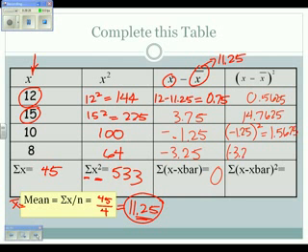And then again, in parentheses, 3.25 squared. And then this is the sum of x minus x bar. So that means we're going to add this value, this value, this value, and this value together.